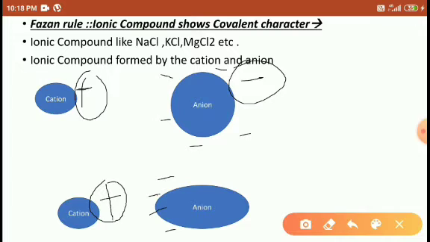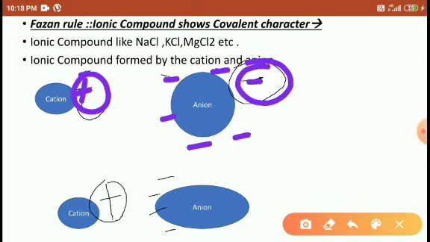So look at here. This is the cation, with positive charge. This is the anion, with negative charge. So how many electrons does it have? It has 1, 2, 3, 4, 5 electrons.